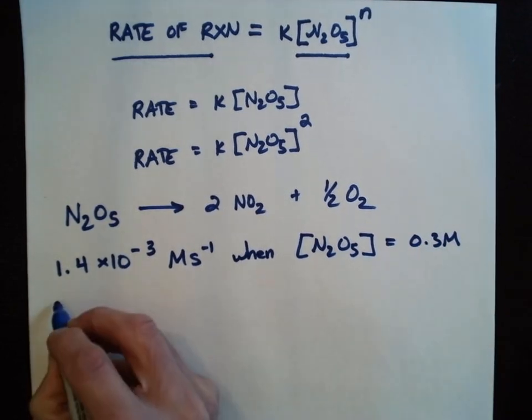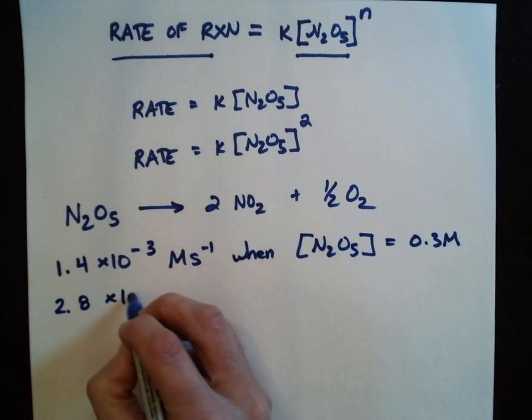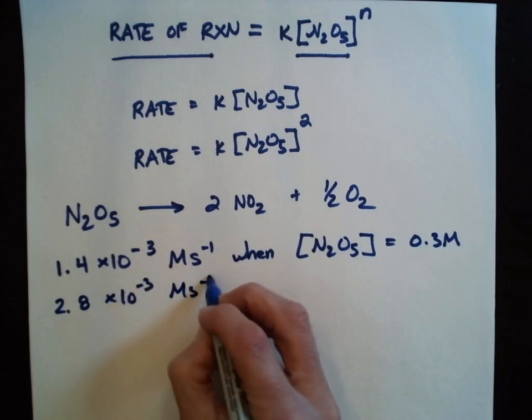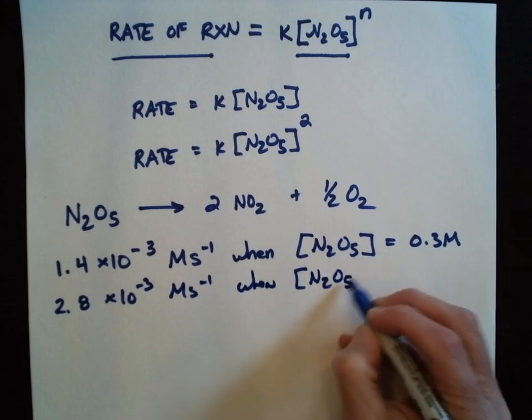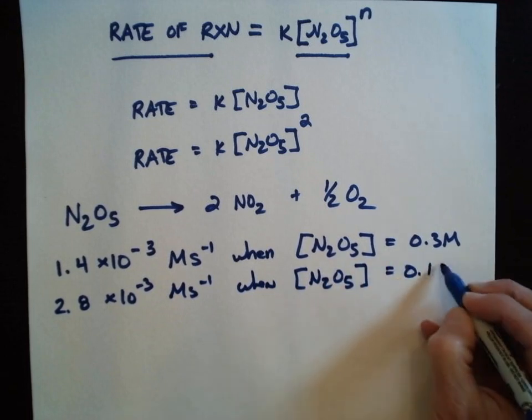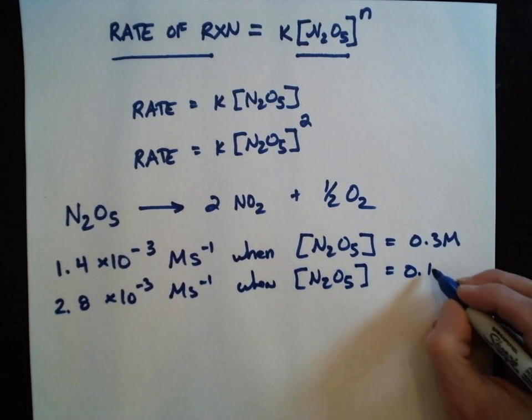And the rate is 2.8 times 10 to the negative 3 molar per second when the concentration of N2O5 is, excuse me, 0.6 molar.